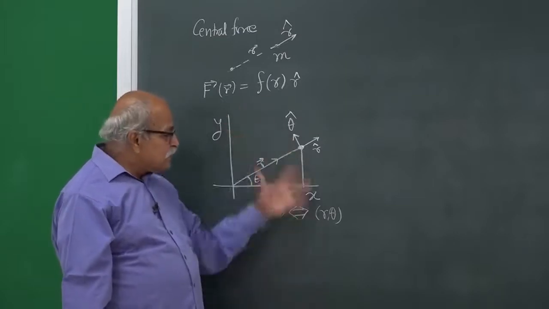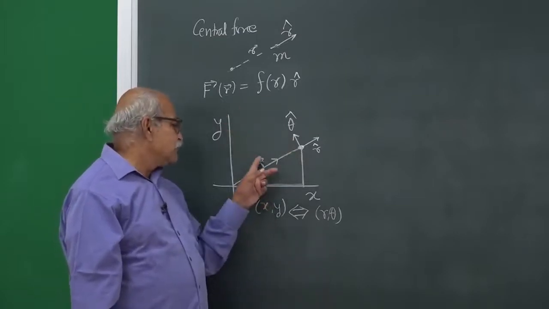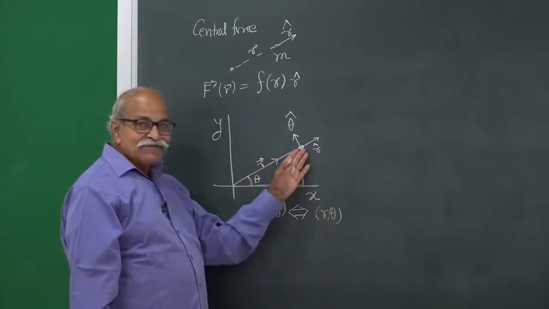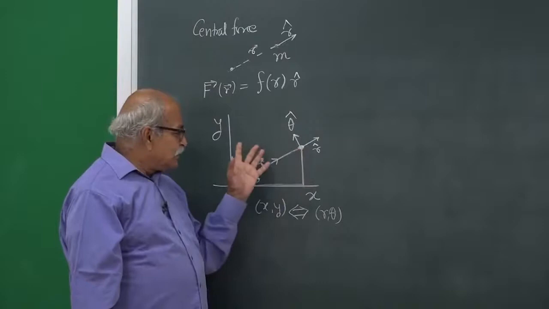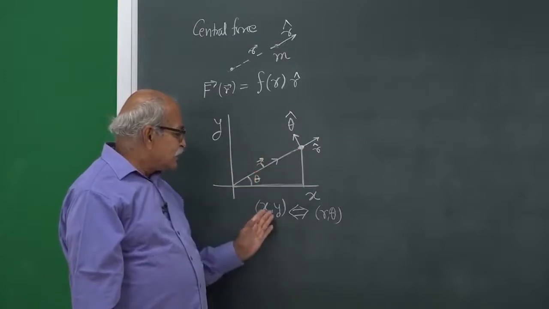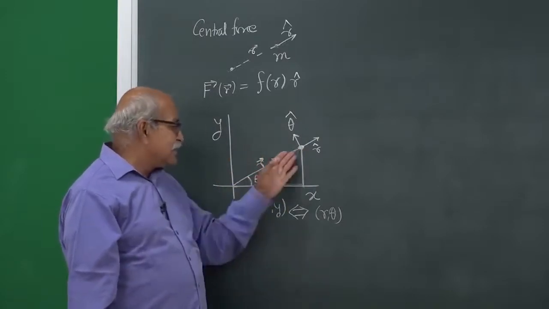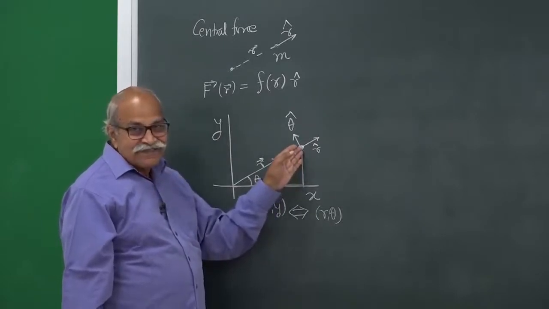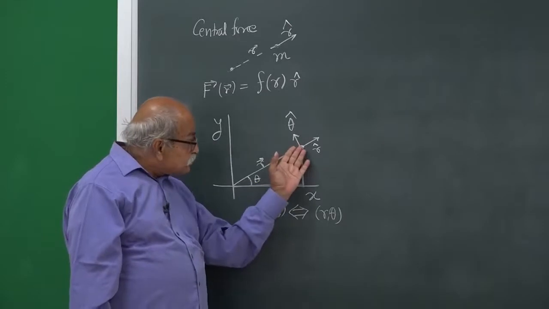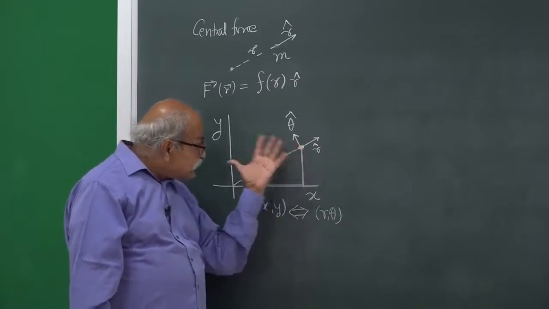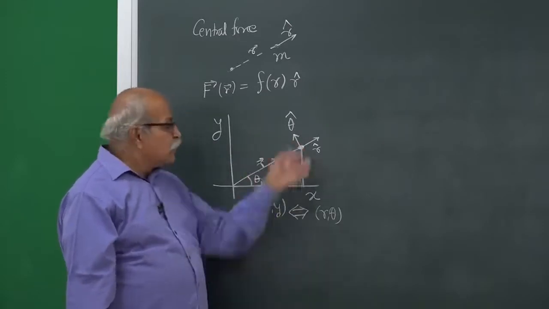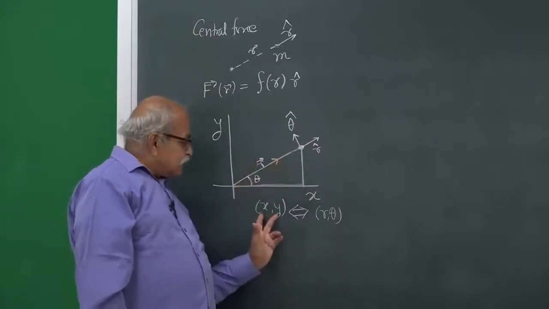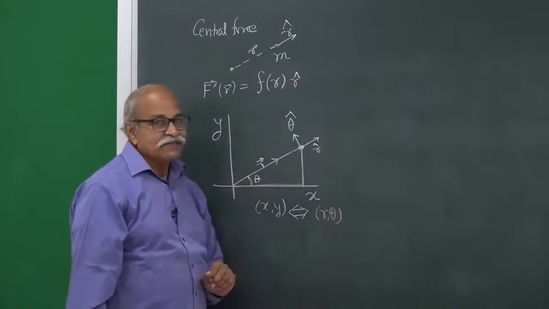If it is in the xy plane, give me r, give me theta, I know where the particle is. If I know that it is in the xy plane, give me x, give me y, I know where it is. But if it is leaving this xy plane and moves in 3-dimensional space, z is also there, then neither this is sufficient nor that is sufficient.